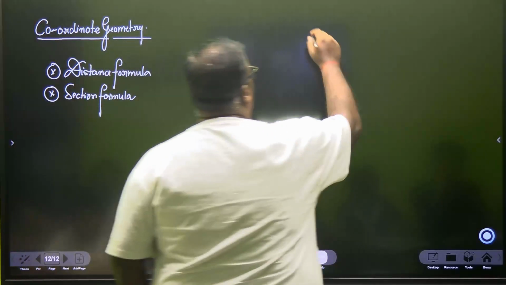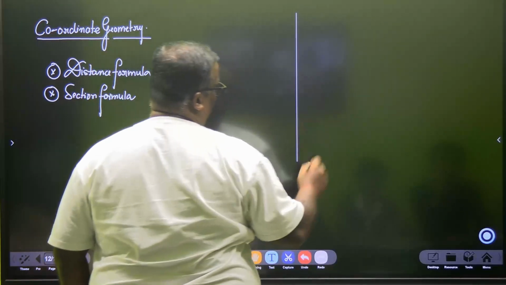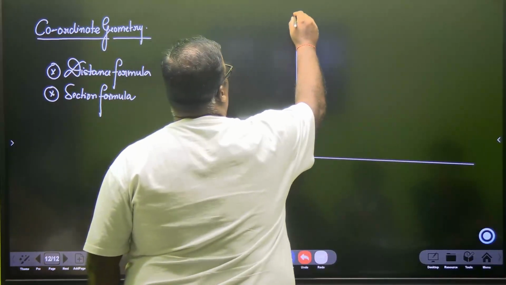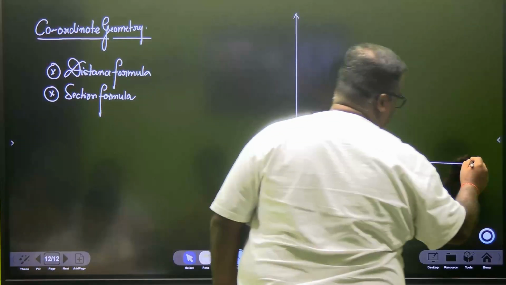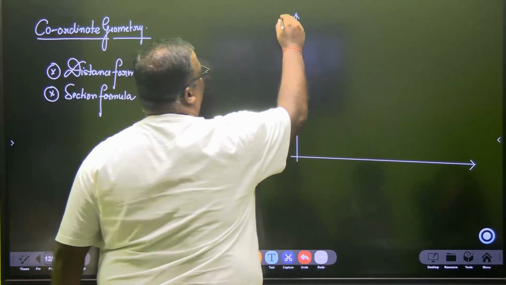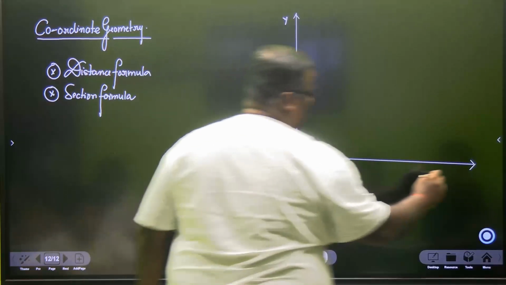So let's draw one Cartesian coordinate system, something like this. You know that this is the y-axis and this is the x-axis. So this is my y-axis, this is O, and this is x. It's all about common sense.